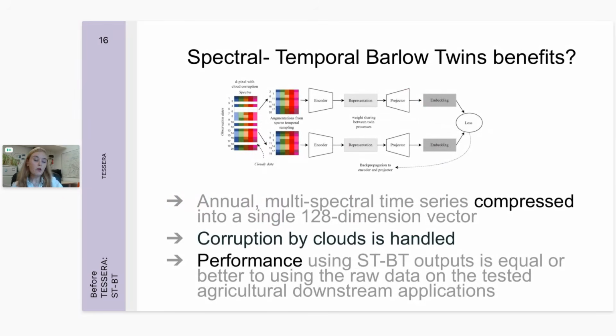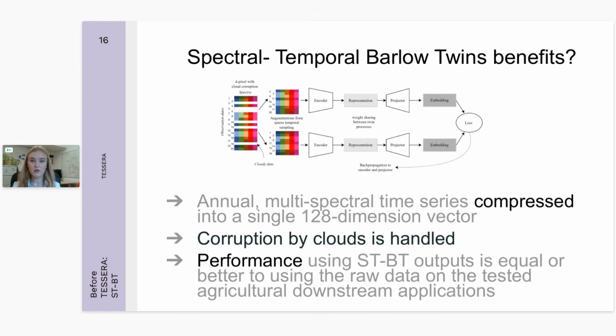So moving on, what we found in this prototype, this SSL prototype, this mini foundation model prototype, is that this approach compresses data quite significantly. So for example, if you imagine that you have 70 time steps in the year and that you have 10 spectral bands, that turns into 700 dimensions of data.